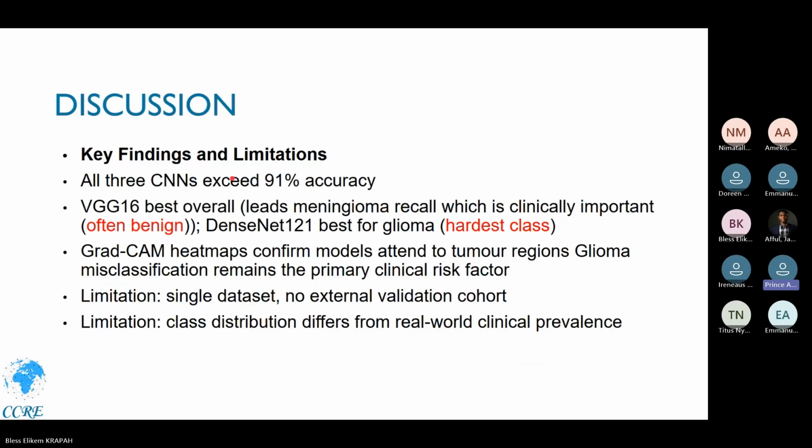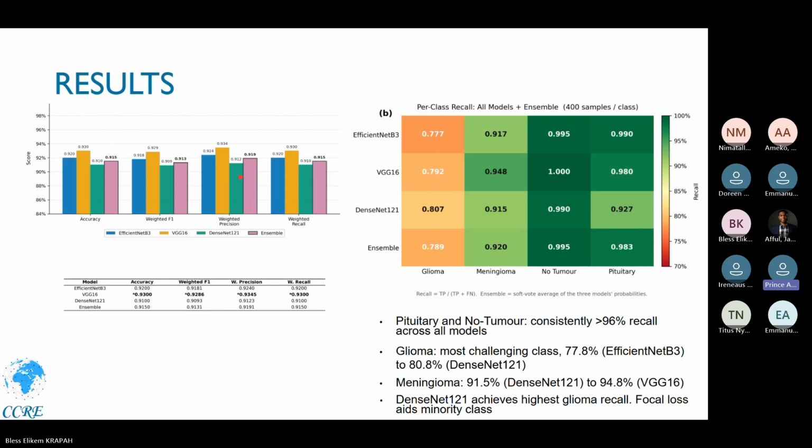What this means is that our models perform fairly well when it came to identifying each class: meningioma, pituitary, no tumor, and glioma. And to our right, we have the per class recall, where we see the breakdown of how each model works with each classification.